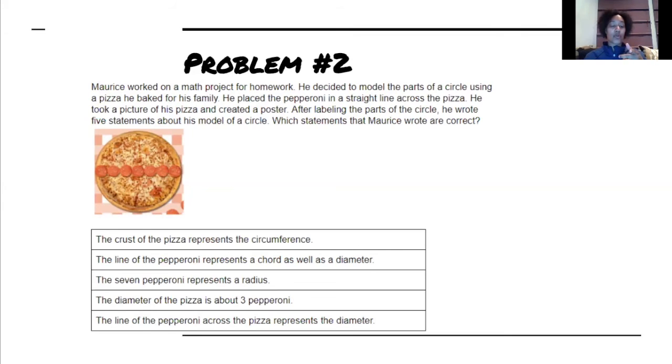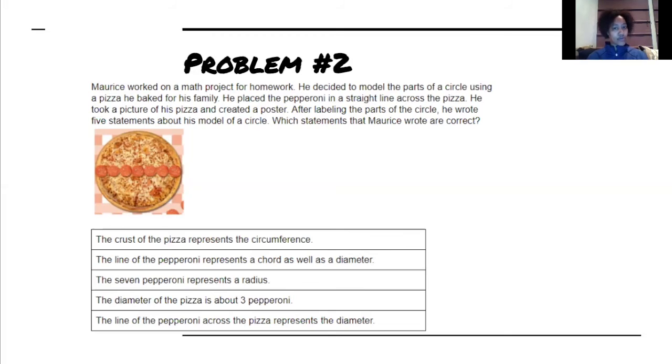We said that the pepperoni touches 2 points on the circle, right? And it also goes through the center. So the line of the pepperoni represents a chord as well as a diameter. Well, a chord touches 2 parts of the circle. But in order for it to be the diameter, it has to go through the center. So the second choice is a great statement that it is correct.